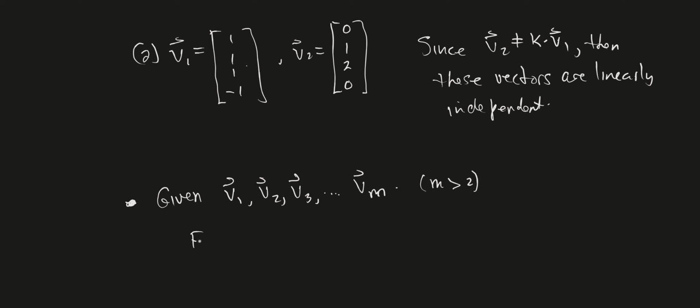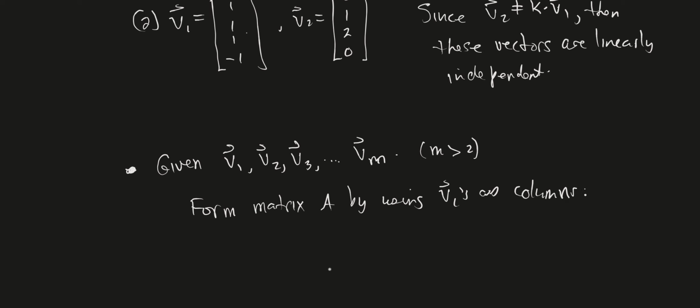So form matrix A by using the vi's as columns, right? In other words, A is going to be this matrix.